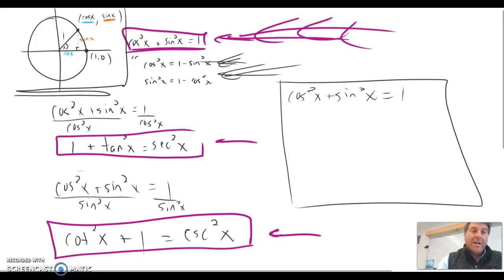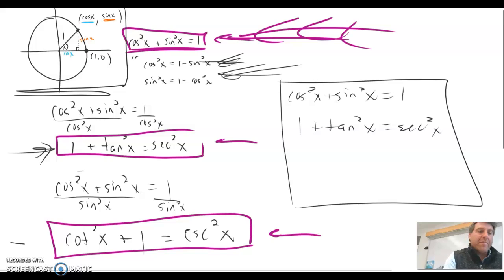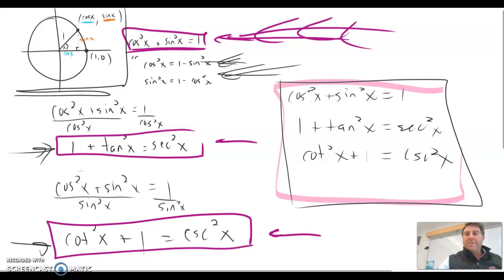We divide that by cosine squared, we get the second Pythagorean identity, 1 plus tangent squared equals secant squared. And if we divided that original by sine squared, both sides, we get cotangent squared plus 1 equals cosecant squared. Okay? So these right here, those are some nice substitutions that we can use whenever we want.